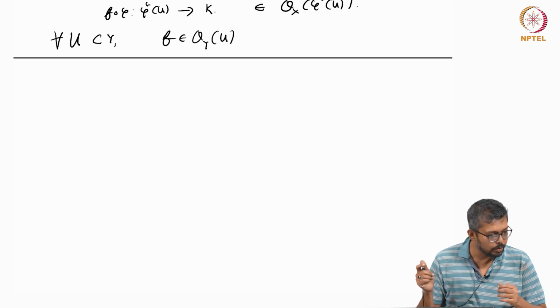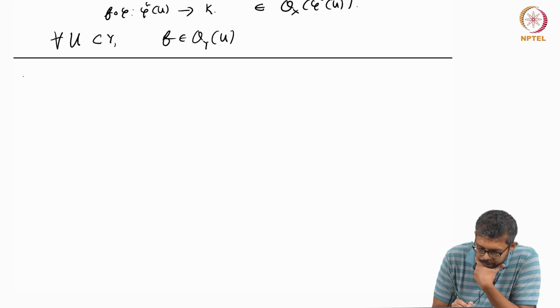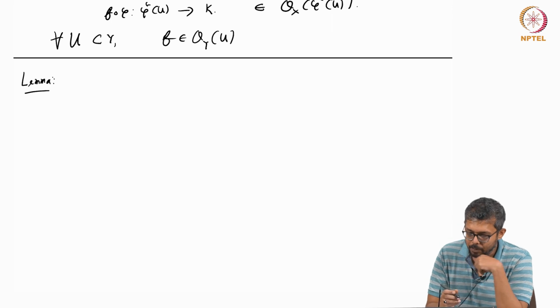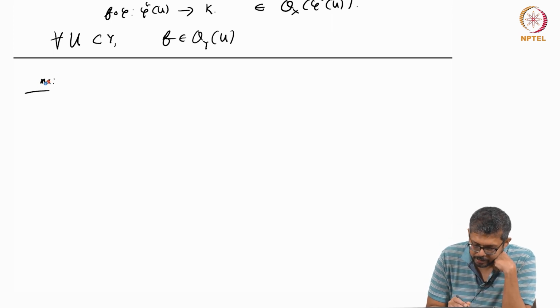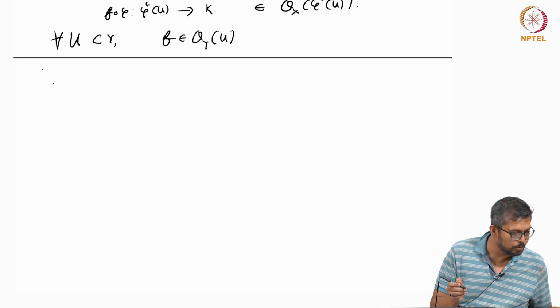Okay, before that, let me do some easy things. These are some easy lemmas. Before stating the lemma, let me state the theorem first, and then we'll see whether we can prove it in today's class or not. We should be able to.